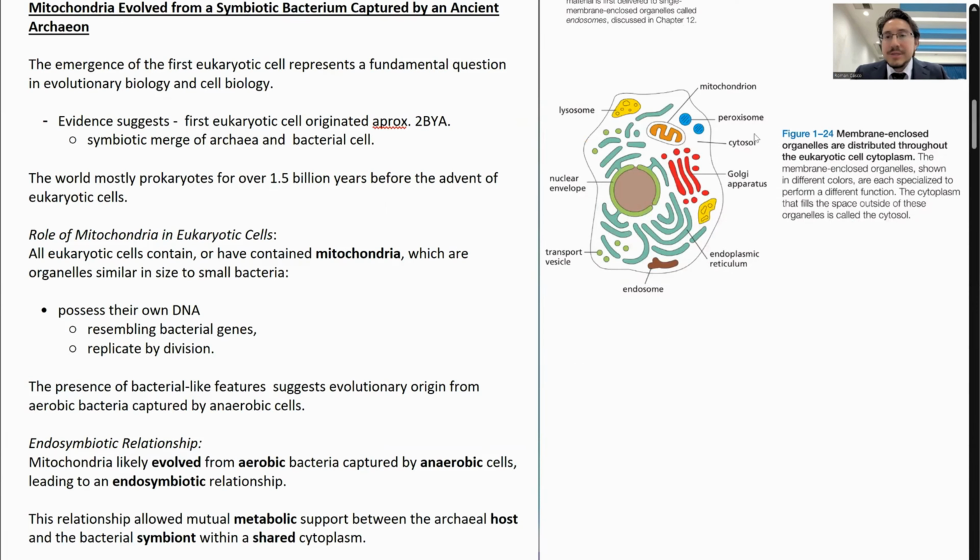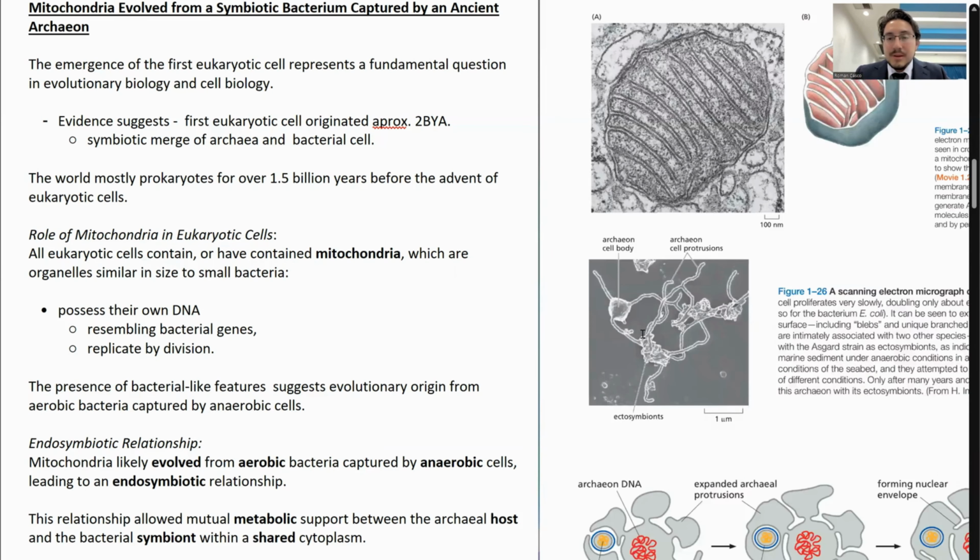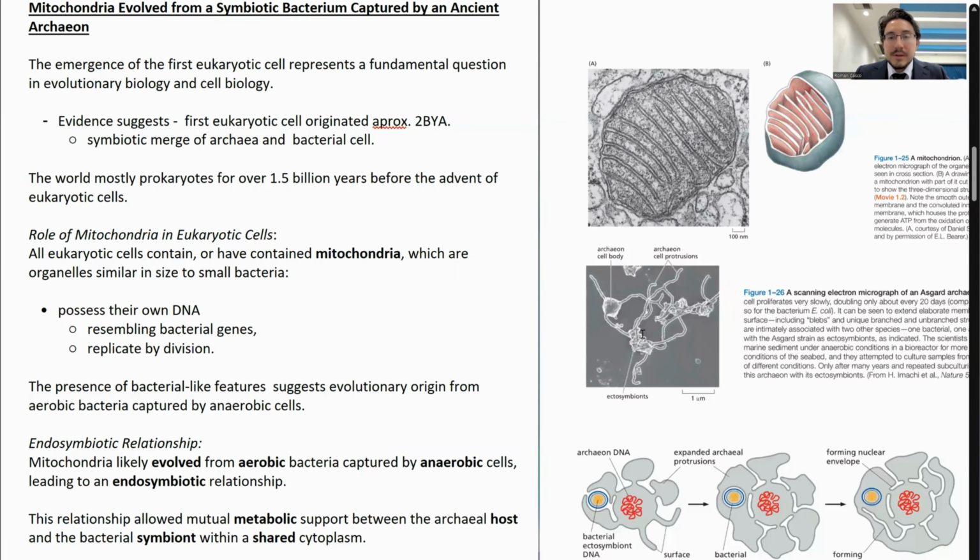Before I get into that, just a very nice representation, a simplified diagram of what I just mentioned, of the cell. You have your little organelles that are colored in, that are membrane bound, that I just previously discussed. Now, I'm going to zoom in a little bit here.